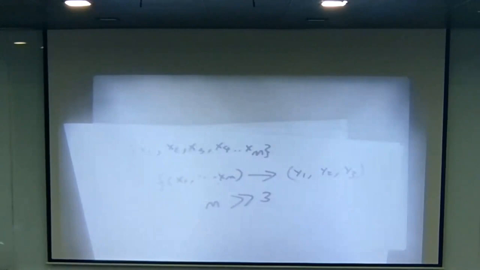X4 could be carbon dioxide emission, up to X50. If I do this dimensionality reduction so that this country is represented as 3 numbers, you are not going to be able to say what the first dimension corresponds to. It's completely artificial.